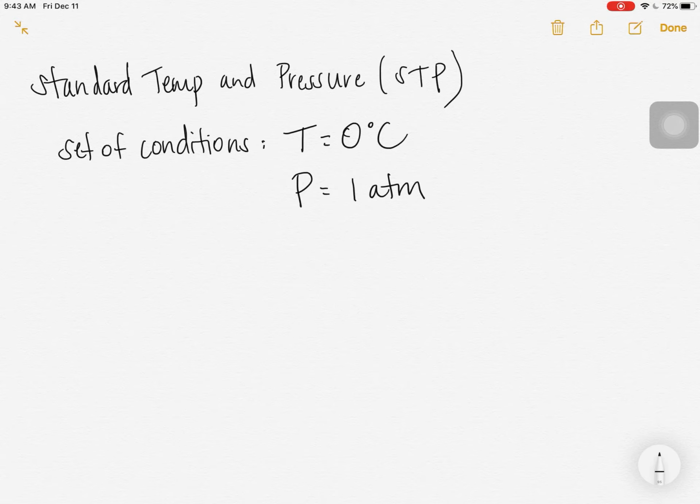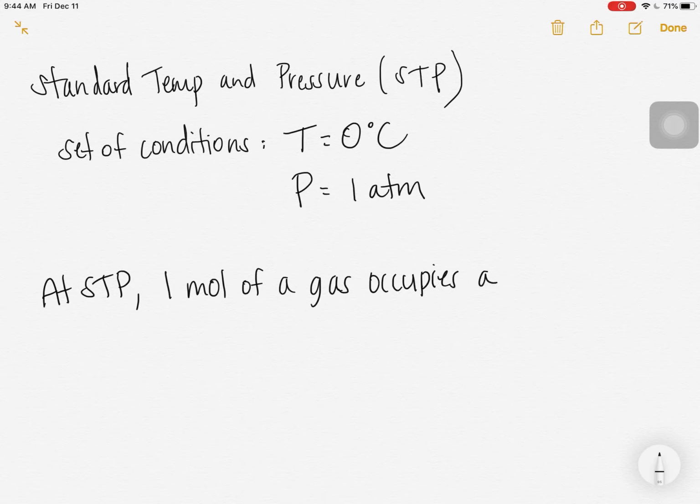And there's one more thing we can do, which is relate STP to mole calculations. There's a conversion factor that says at STP, 1 mole of a gas occupies a volume of 22.4 liters.